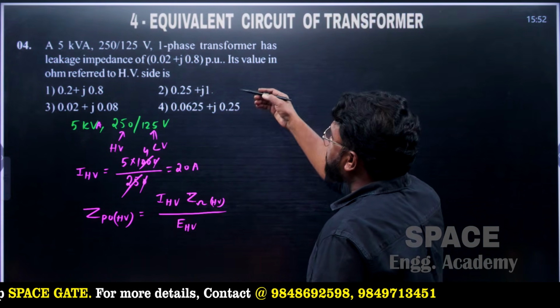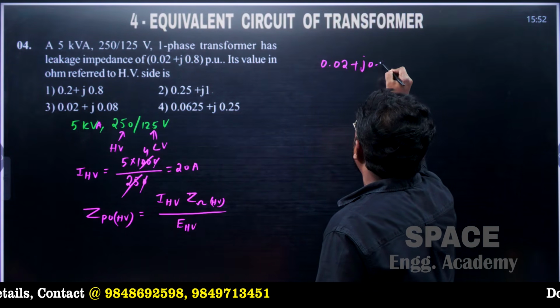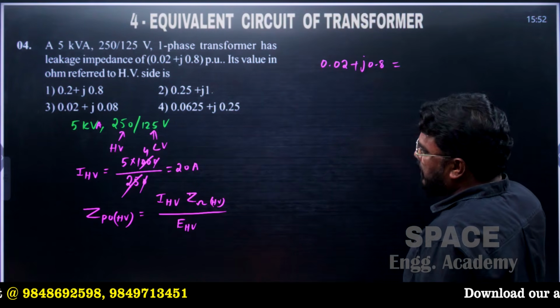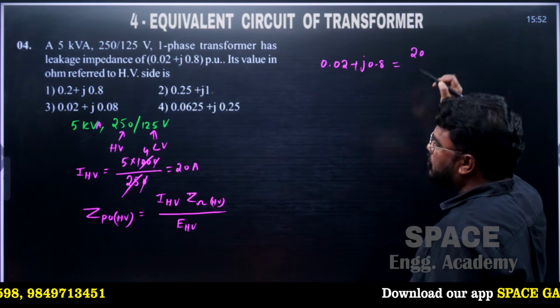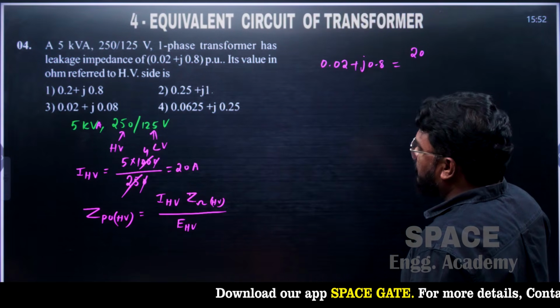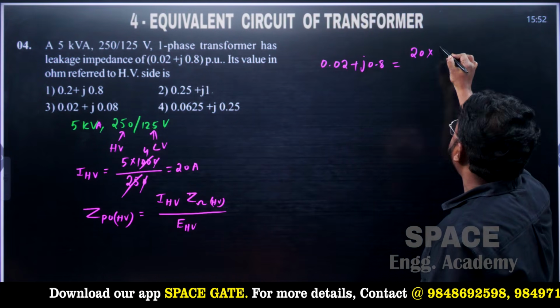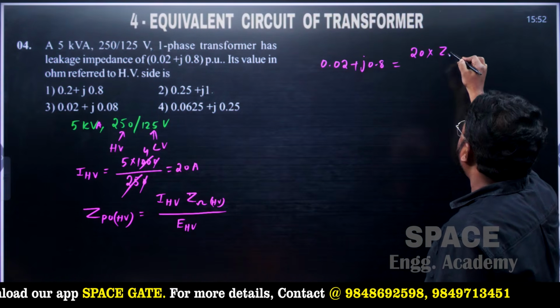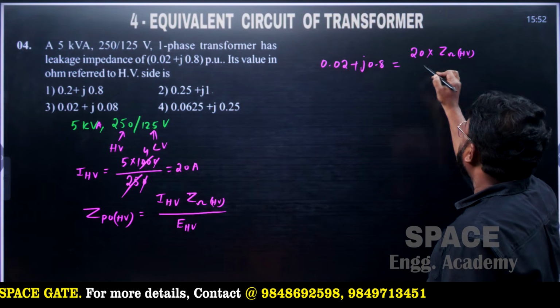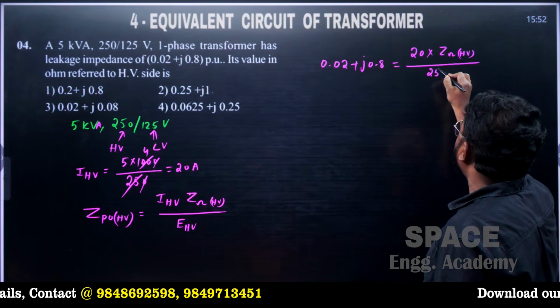The Z per unit value is given. So that is 0.02 plus j 0.8, equal to the current in the HV winding, which is 20, multiplied by Z ohmic value referred to the HV side, divided by EHV, which is equal to 250.